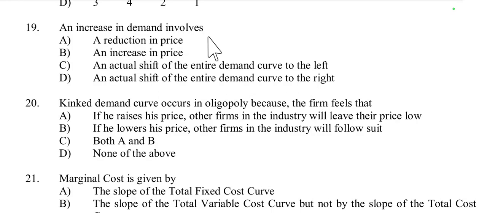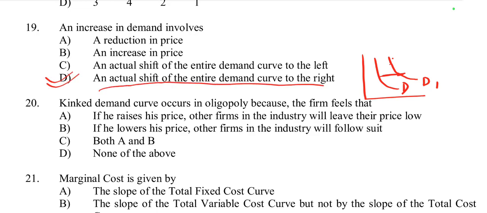When demand increases, there will be a new demand curve shifted to the right, because an increase in demand means that at every price level consumers are willing to purchase more of the good, which shifts the demand curve to the right, D to D1. So option D is right here.